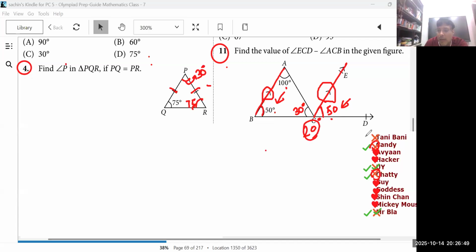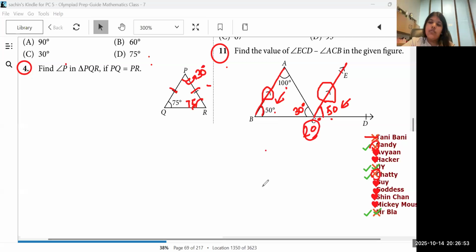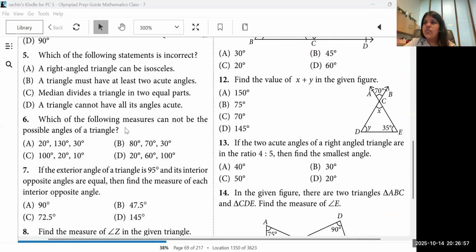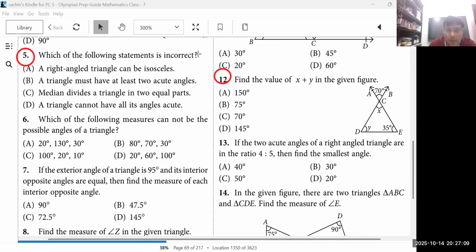Understood? Tani Pani, Candy, Chatty. Yes. Fifth and 12th.